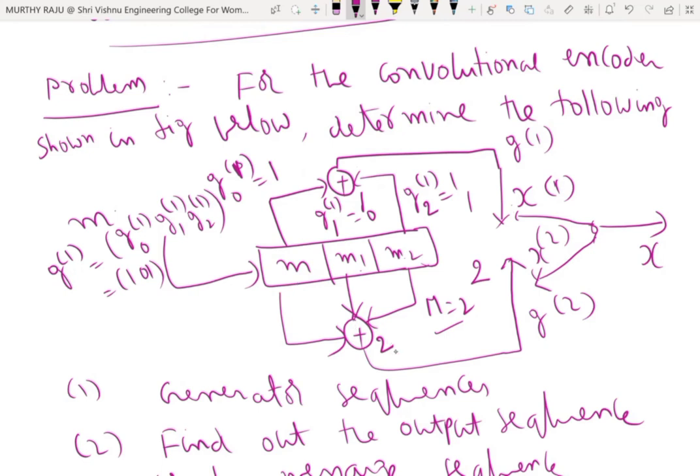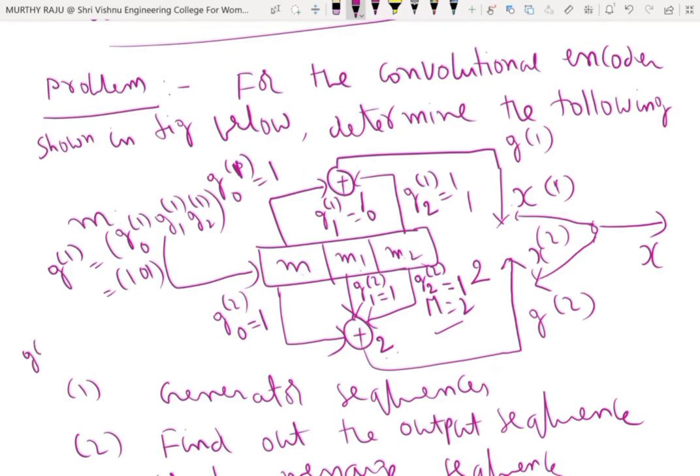And similarly, this is the second modulo 2 adder. A connection is there from m to the second modulo 2 adder, so G0 of 2 is equal to 1. From M1 to the second modulo 2 adder, a connection is there, so G1 of 2 is equal to 1. From M2 to the second modulo 2 adder, a connection is there, so G2 of 2 is equal to 1.